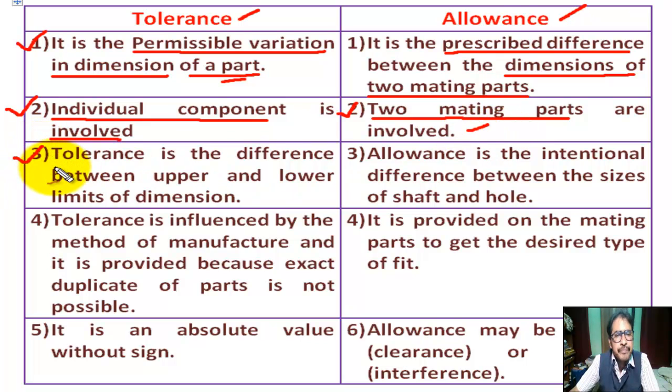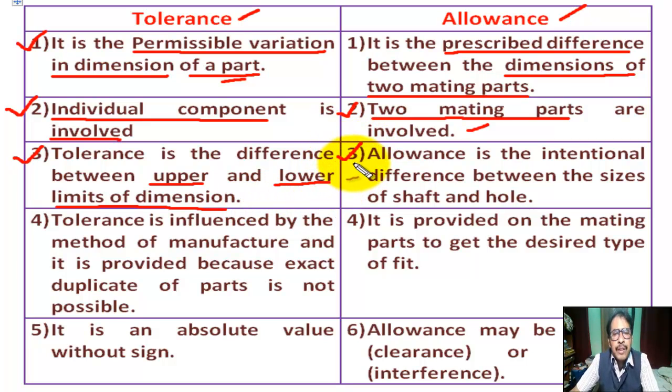Number 3, for tolerance, tolerance is the difference between the upper and lower limit of a dimension. This is for a single part, maybe the upper limit and lower limit of a hole or a shaft.